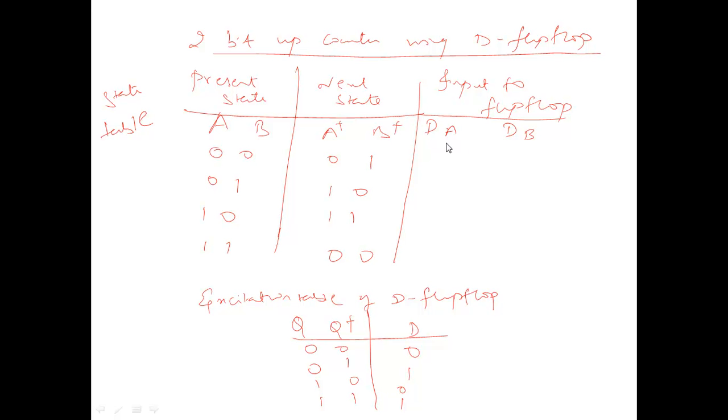When you want to find the input DA, you have to use only present state A and A plus. So 0 and 0 combination gives you DA is 0. Next is 0, 1, which gives you DA is 1. 1, 1 gives you DA is 1. 1, 0, A is 1 and A plus is 0, gives you 0.